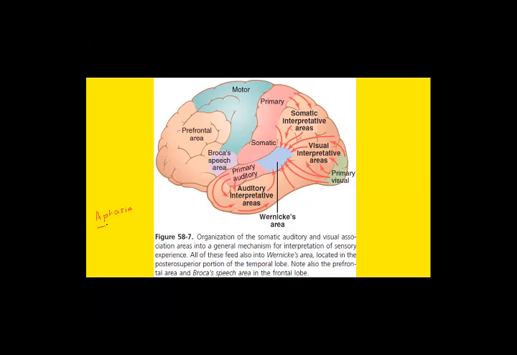Remember, this aphasia is different from dysarthria. Whenever there is difficulty in speech due to damage to any of the regions of the speech areas located within the cerebrum, the clinical condition will be labeled as aphasia. Whereas dysarthria is difficulty in speaking due to abnormality in the mouth or larynx.